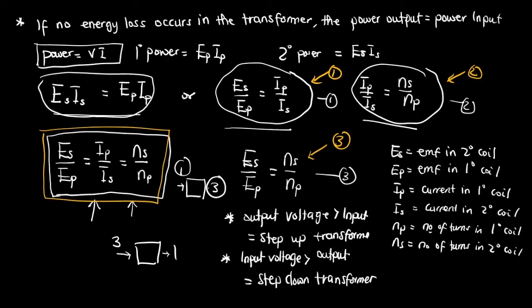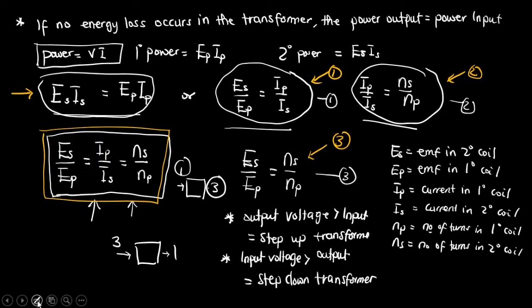So now we've looked at what a transformer is and the components that make it up. We also looked at some deductions, and from the deductions we're able to establish some of the formulas that we'll be using in our calculation. We also say that if the output voltage is greater than the input voltage, that is a step up transformer, and if the input voltage is greater than the output voltage, we call that a step down transformer.